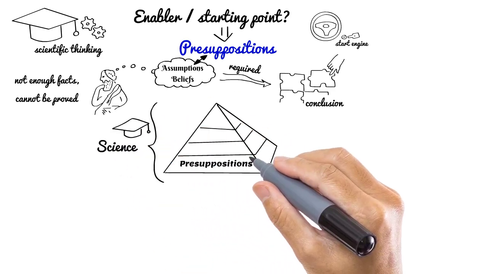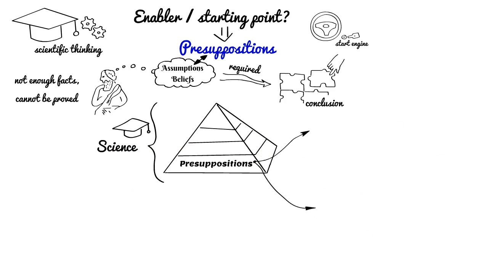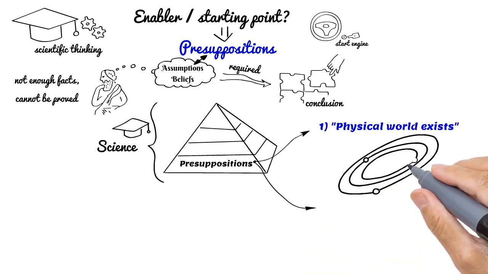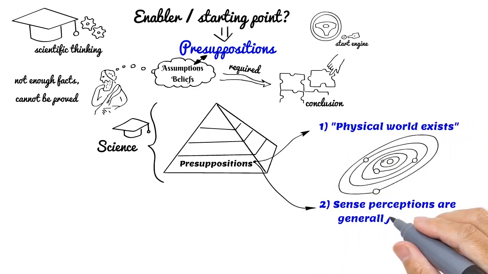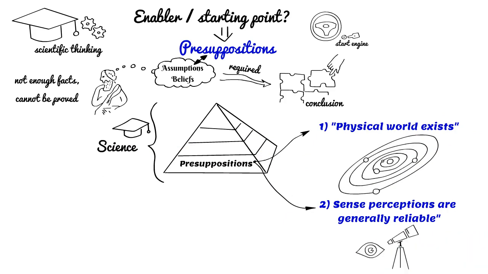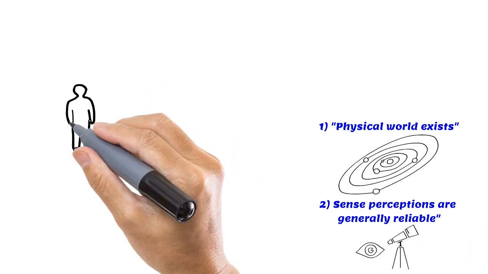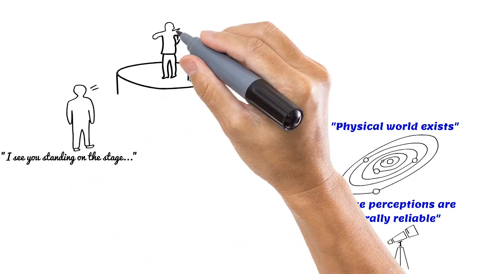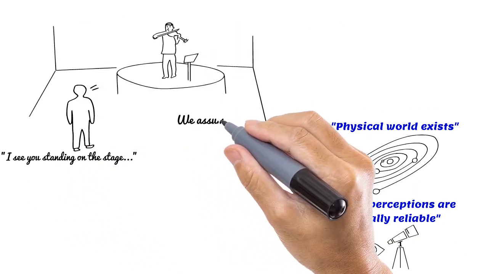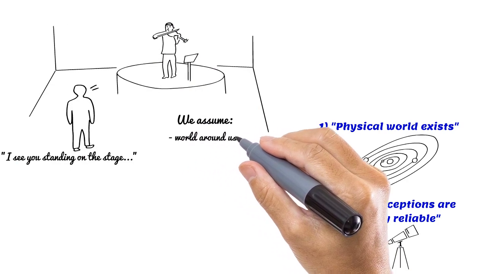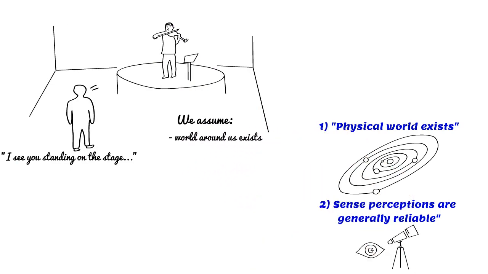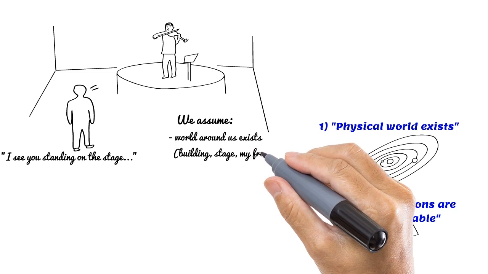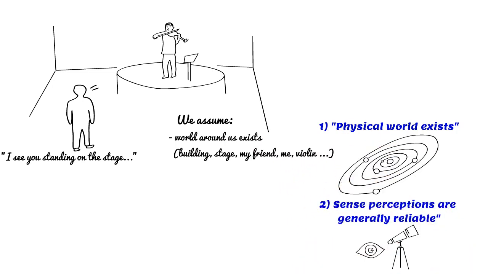Two main initial presuppositions of science are: the physical world exists, and our sense perceptions are generally reliable. So when my friend tells me, "I see you standing on the stage and playing the violin," we both assume, even without consciously thinking about it, that the world around us exists. We have a physical building with a stage. We have my friend, me, along with some violin, existing in this world.